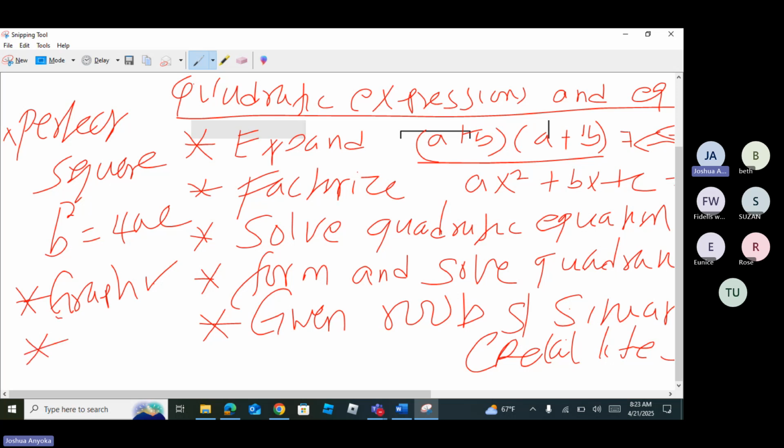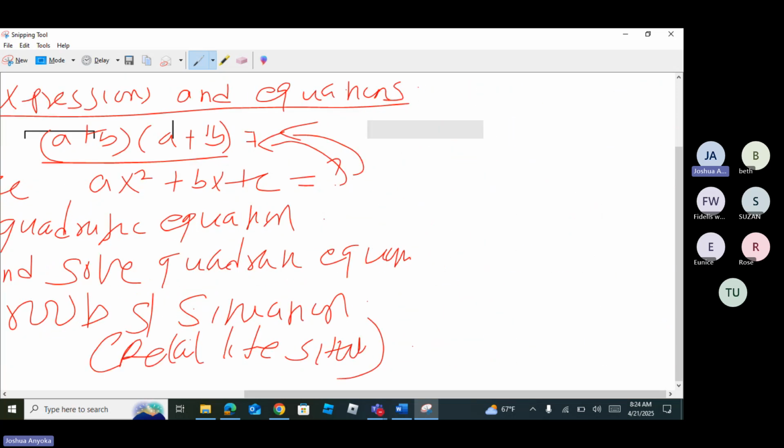And finally, we do solving quadratic by completing the square. So generally, this is what is expected of us to do, and we are going to bring in the ideas as we handle a few questions.